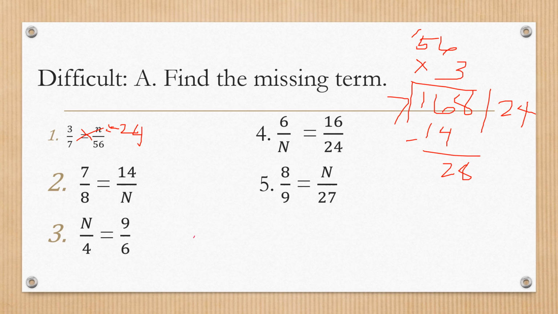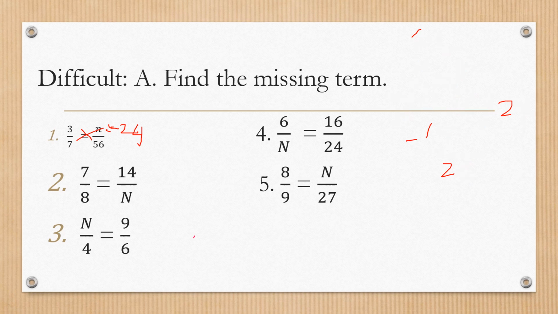Okay, next. Let's try to solve two more problems. Okay, for problem number 2, we have 14 times 8. Okay, 8 times 4 is 32. So bring down 2, carry 3.